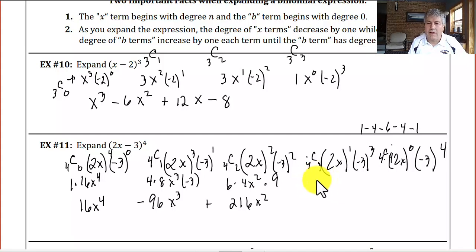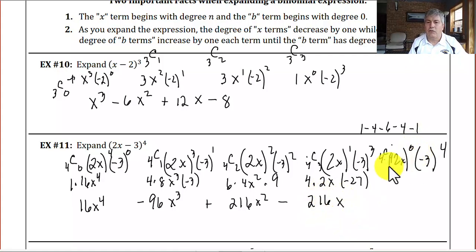In our next term, for combination of 4 choose 3, that again is 4, and times 2x, and negative 3 cubed is negative 27. Multiplying all that together, we get negative 216x to the first.